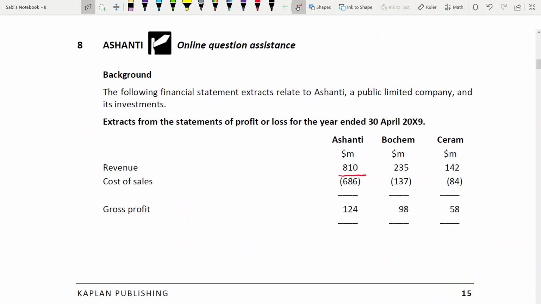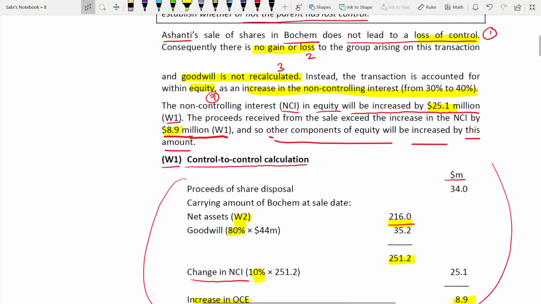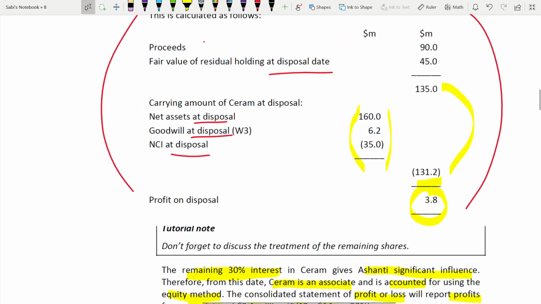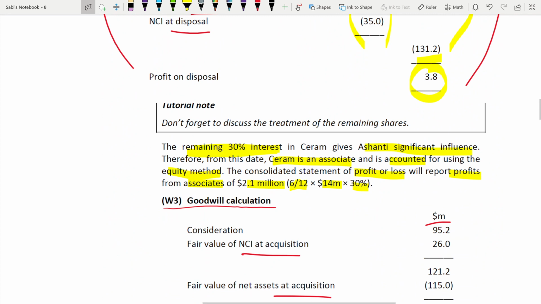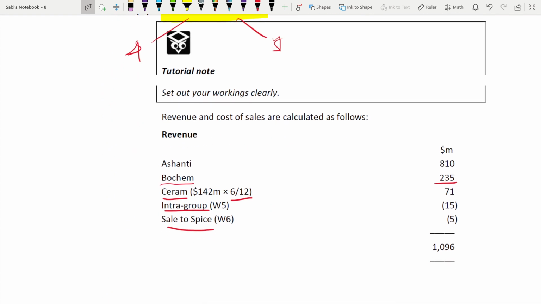Out of this 142, only 6 months, because they have been a subsidiary only for the first 6 months. The remaining 6 months you cannot consolidate. So 6 months, and then intra-group working 5 and working 6 for sale to Spice. 15 and 5 you deduct, and hence you get revenue 1096.